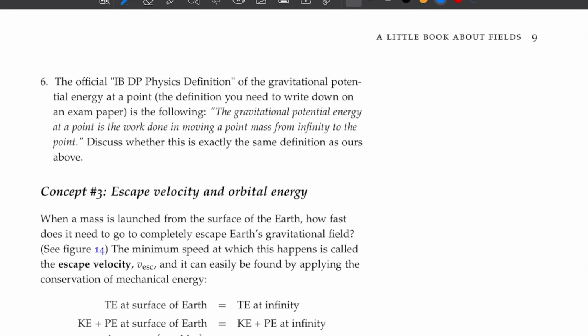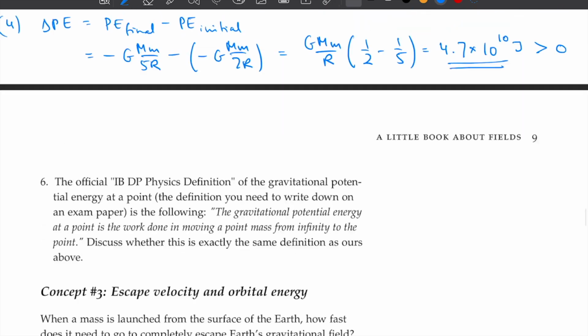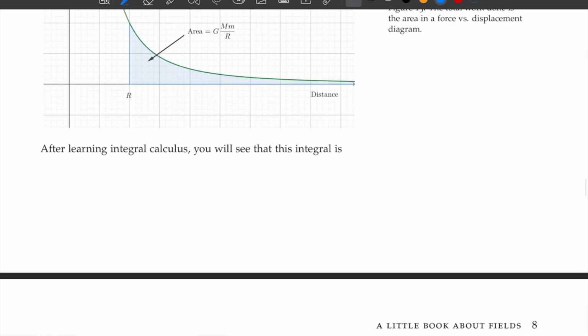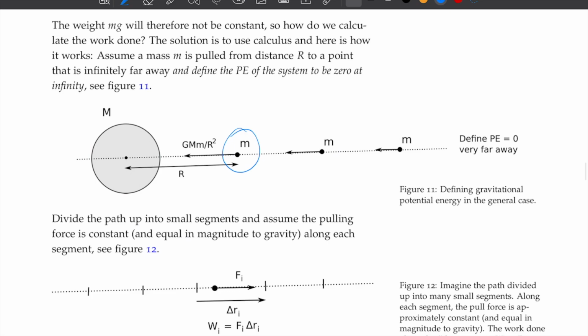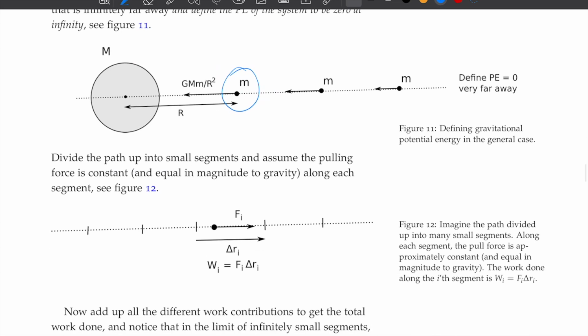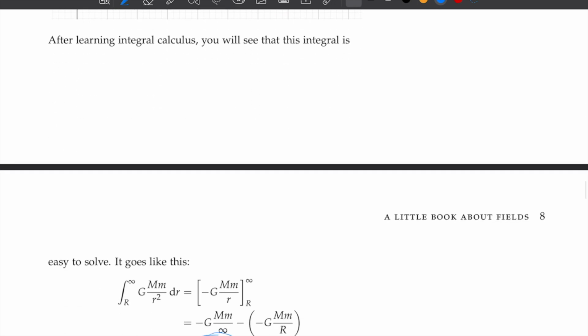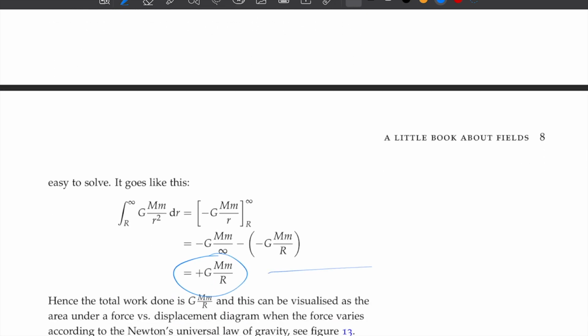Okay, now we come to exercise 6, which is quite a technical little detail. Let me just review what we did up here. I calculated the work done in moving a mass from a distance r away from the planet. If we move that mass all the way out to infinity, this is the amount of work done, a positive amount of work.